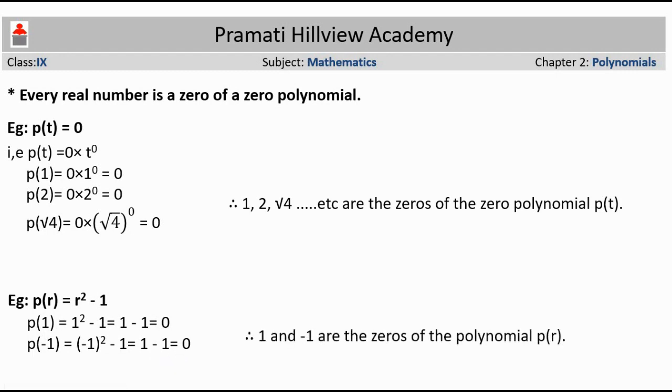Therefore, 1 and minus 1 are the zeros of the polynomial p(r). So, a polynomial can have more than one zero. Here, r squared minus 1 is a polynomial in one variable of degree 2. That is, it is a quadratic polynomial and it has two zeros.